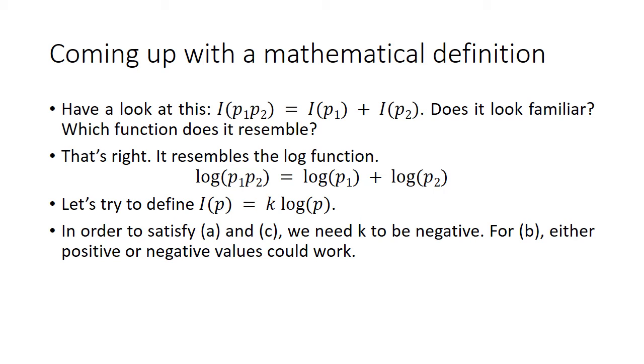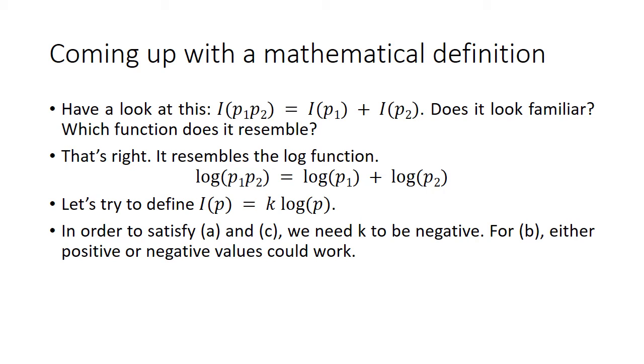Now, I'm not going back to what A, B, and C were. Those were very simple expressions. So for B, it was simply I of 1 is equal to 0. Okay, information of a certain event is 0. Now for that to hold true, K can be any number, because anything finite multiplied by 0 is 0. Whether it is positive or negative, that doesn't matter.